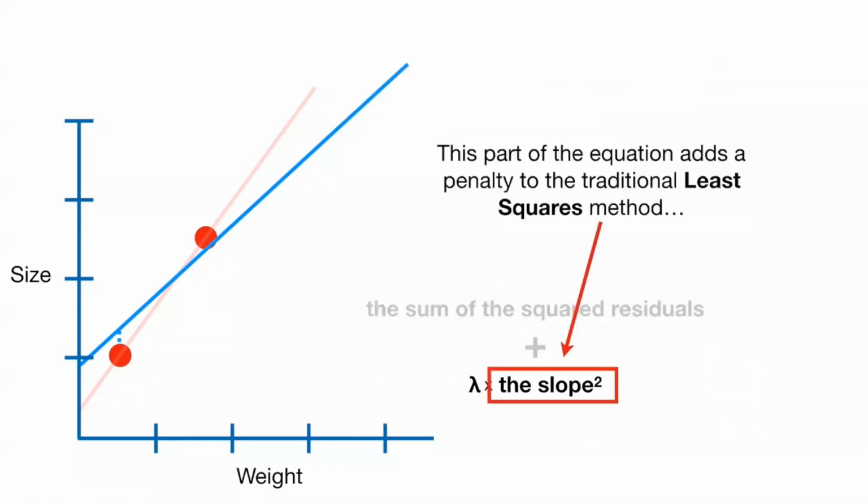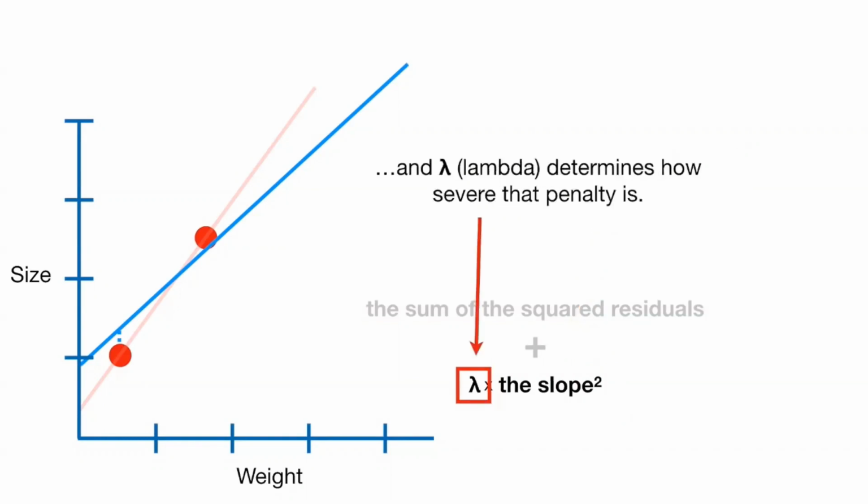Now this part of the equation adds a penalty to the traditional least square method. So this is the point where you are adding a penalty. If the line is steeper, you add some penalty, and lambda determines how severe the penalty is going to be.